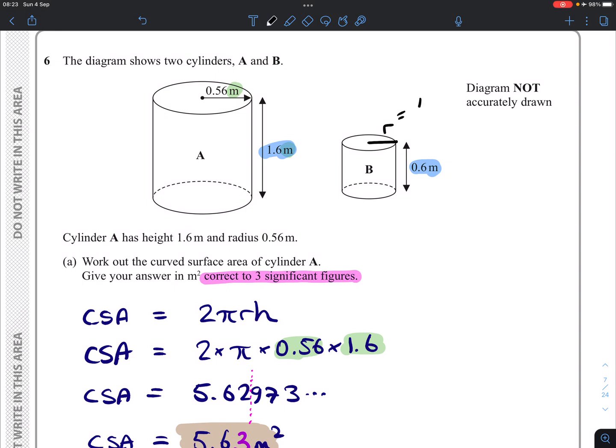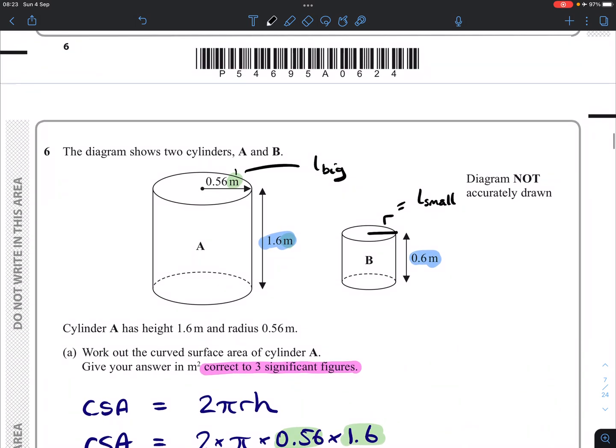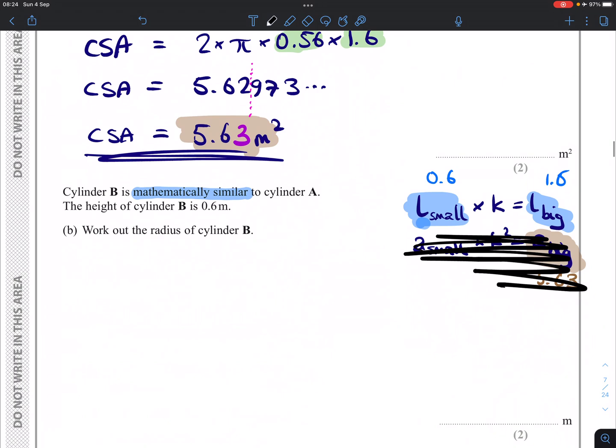Here is our radius, which is a small length, and we have a length here that is big. So actually, we don't need to use this formula at all. We can just use this formula twice, where we're using 0.6 and 1.6 to find our scale factor first of all, and then we're going to use 0.56 and our scale factor to find this length here. So that's the easier way, meaning that's what I'm going to go with just now.